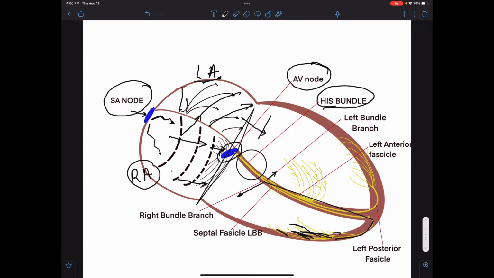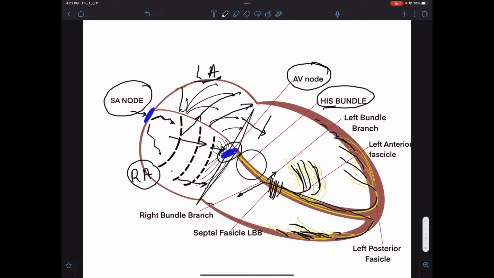Whereas on the left side, the left bundle divides first into the septal branch and then divides into the anterior fascicle, the one going up on the anterior side, and the left posterior fascicle, which goes to the apex and then gets transmitted up. And these end in the Purkinje fibers, which supply the fibers to the heart on the left side.